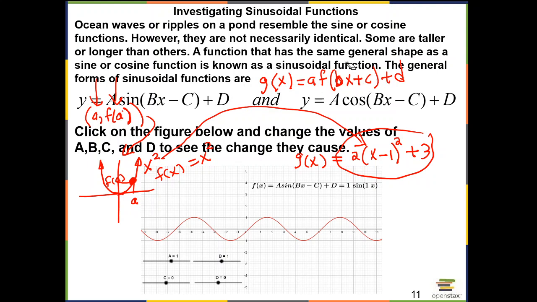So if you have something like that, then you have to think of this whole thing as the old y coordinate, and a is the old x coordinate. What we want to know is what happens to a and f of a.